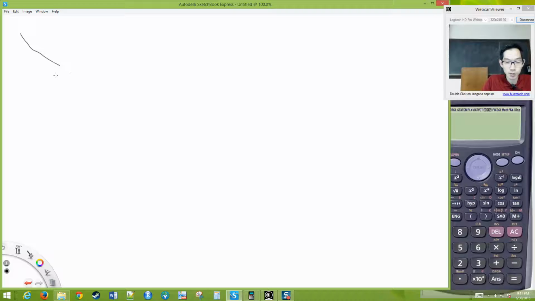So calculating the mean. Symbolically, the symbol we use for mean is x bar. And to get it, I'm going to just write the formula here.